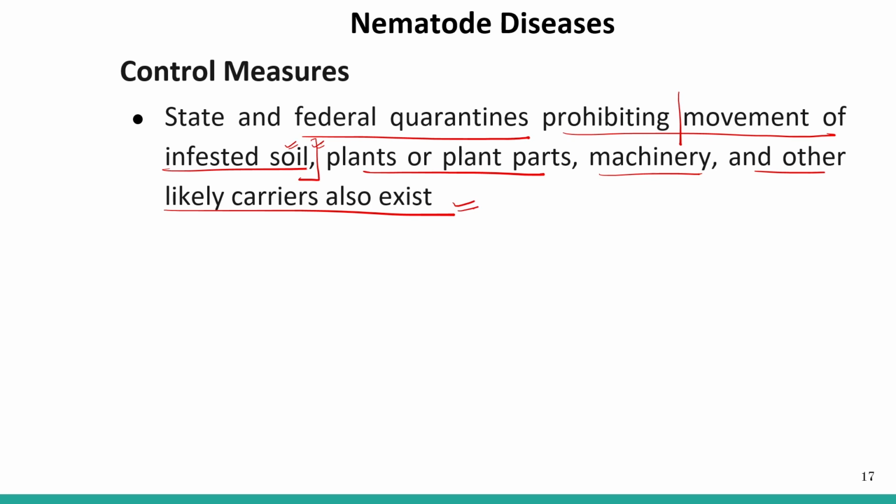Infected plants or plant parts should not be transported or planted elsewhere, otherwise the nematodes are introduced to another soil also, right? Machinery and other likely carriers should be properly cleaned with fumigants to ensure they are not carrying any nematodes or their eggs.